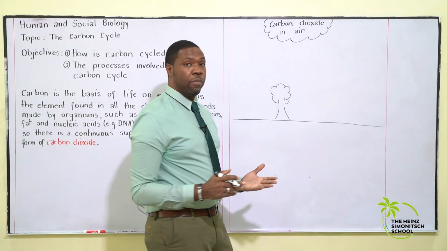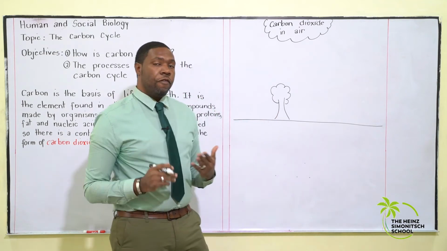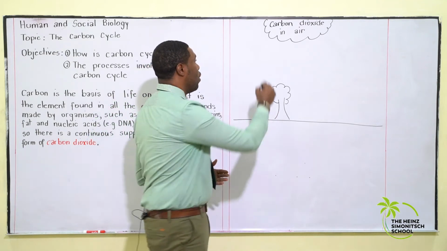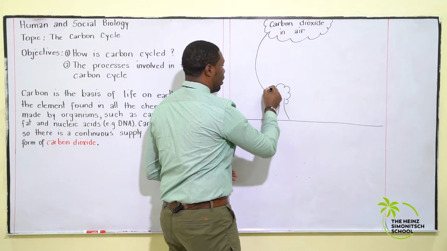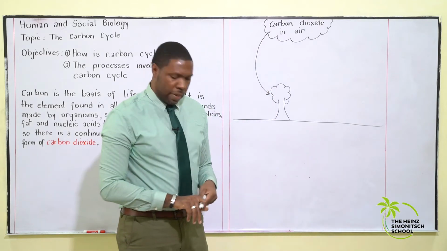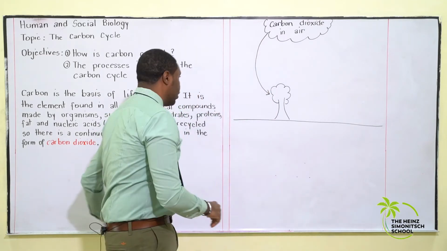And there we have a simple tree. Now, the first process would be photosynthesis. Now let's use a different color marker to illustrate this.